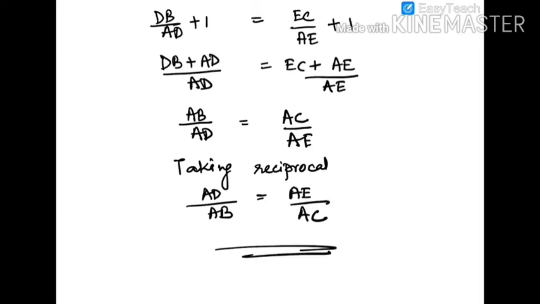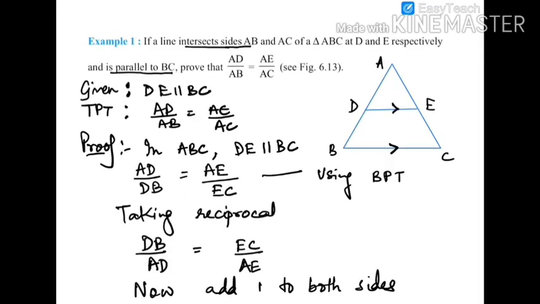So how do we think of these steps? Since DE is given parallel to BC, we know that we can use the basic proportionality theorem. So we will have this expression. And we also know that adding DB to AD will give us AB.